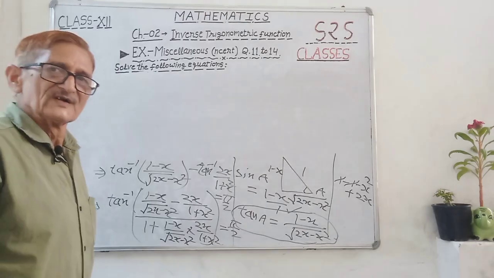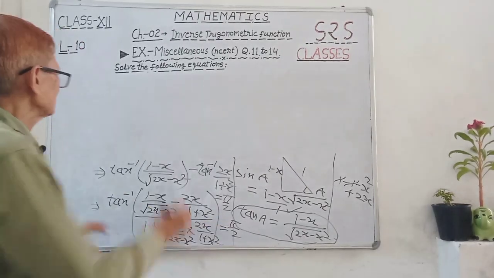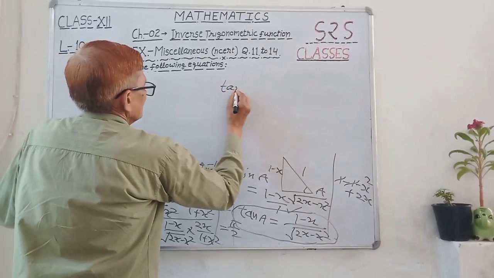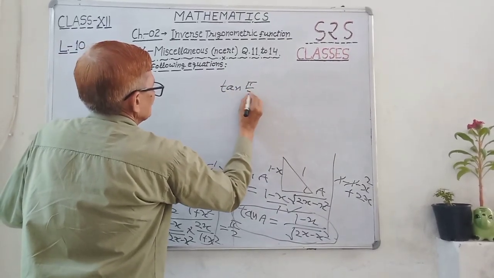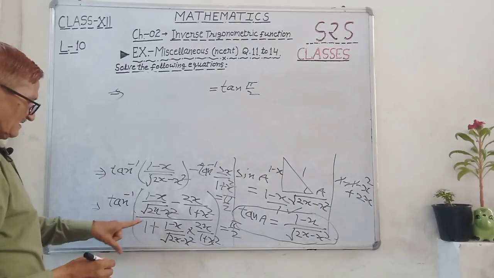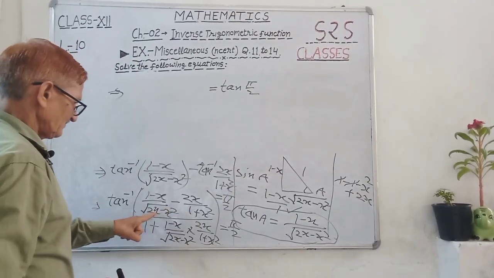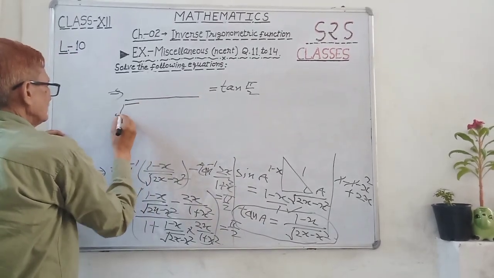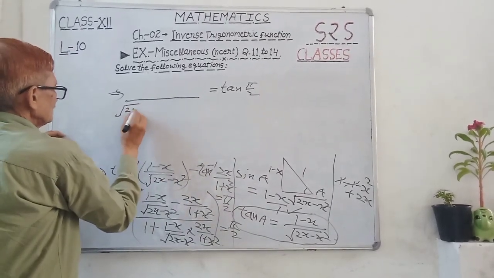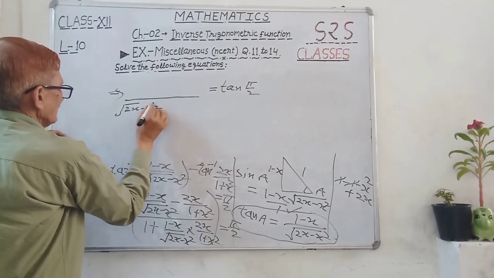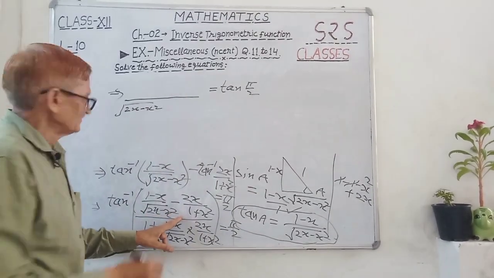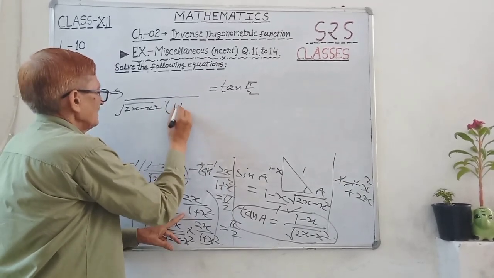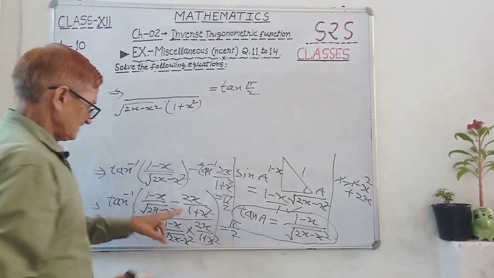Tan 0 is 0 and tan inverse tan will go that side. So then it will be tan pi by 2 this side, and this side is this. Simplify. LCM is root of 2x minus x square. Understand? In numerator, LCM into 1 plus x square.